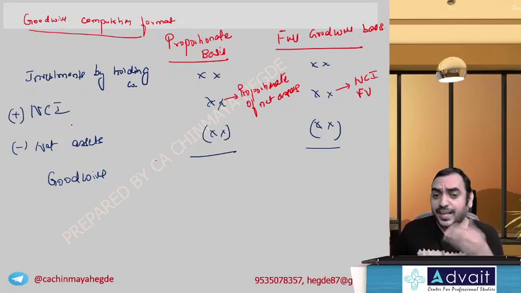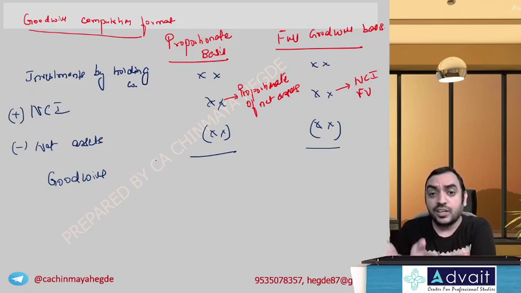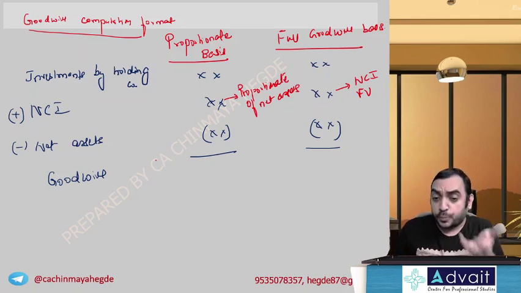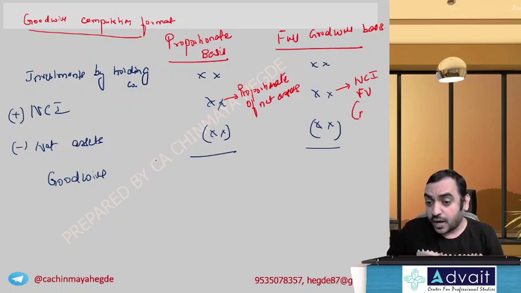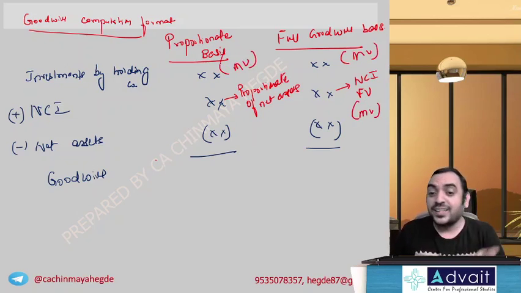Now one question may arise. Net assets is also fair value only. Assets and liabilities will be taken over at fair value only. So proportionate net assets means fair value? No, this fair value means market value, like the way investment market value is there. Because when they acquired, they would have paid the market value, which includes the element of goodwill. So you say NCI fair value, within brackets, market value.